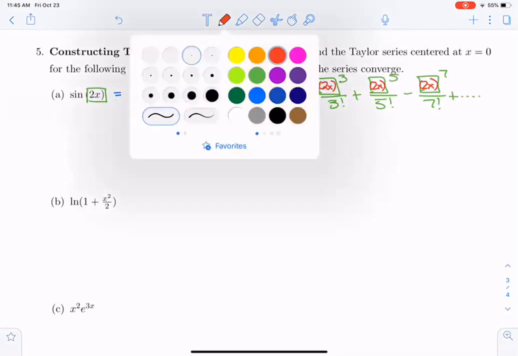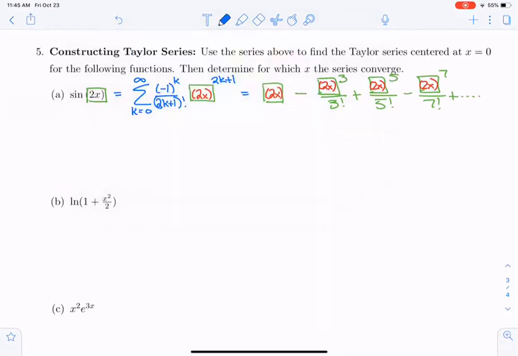And so this series is actually going to look like the sum from k equals 0 to infinity of -1 to the k over 2k plus 1 factorial, and then I have a 2 to the 2k plus 1 times x to the 2k plus 1. So I'm going to expand that out.